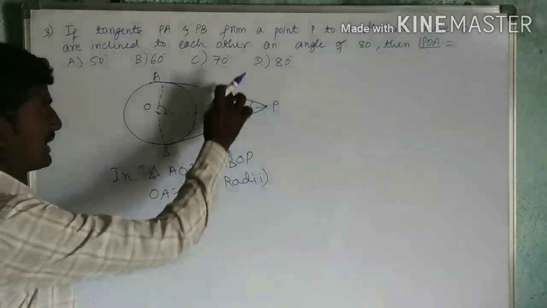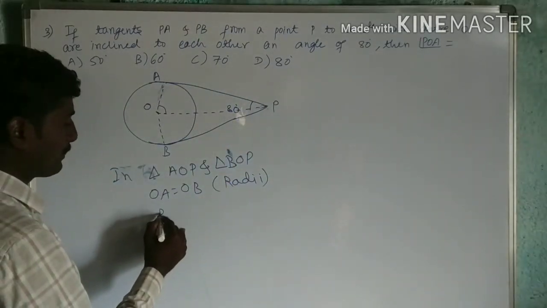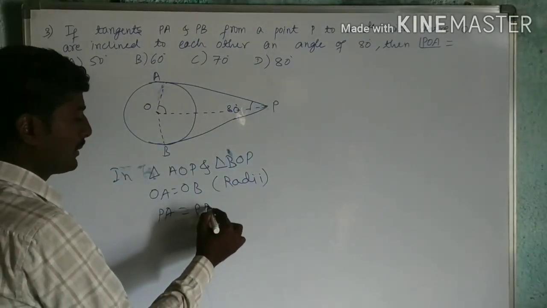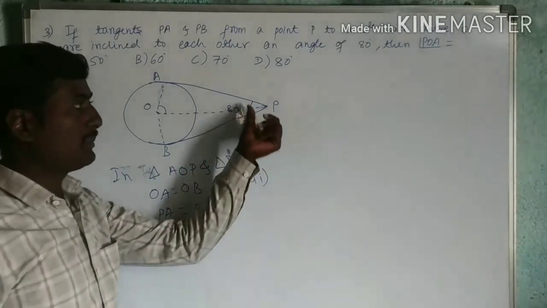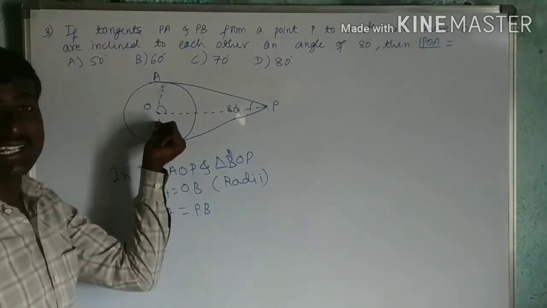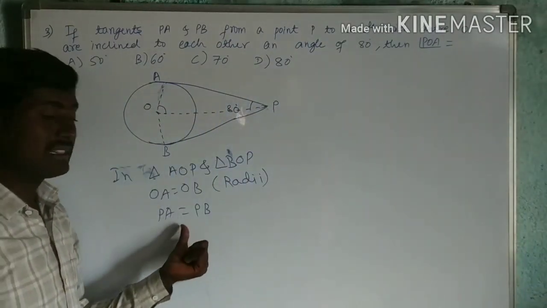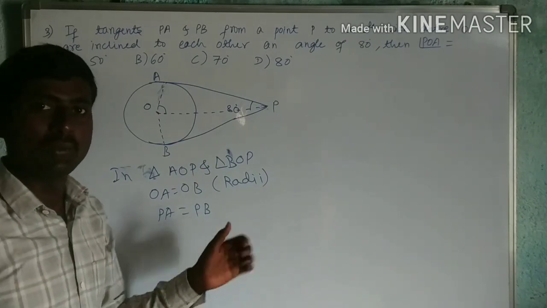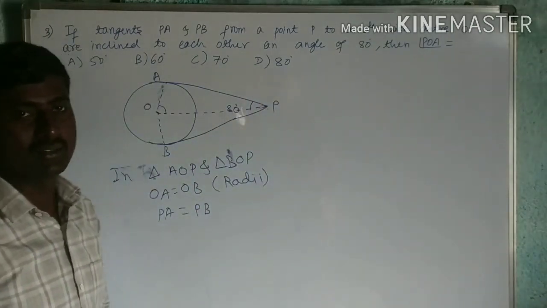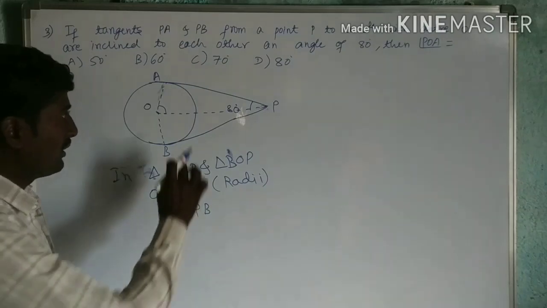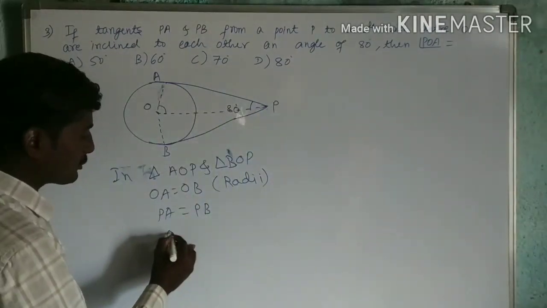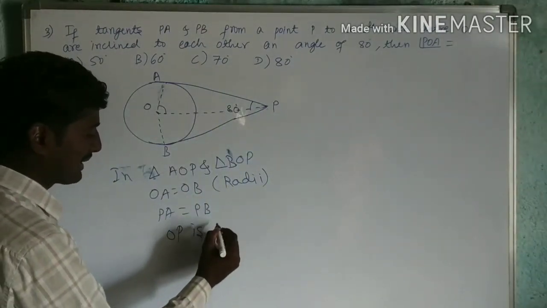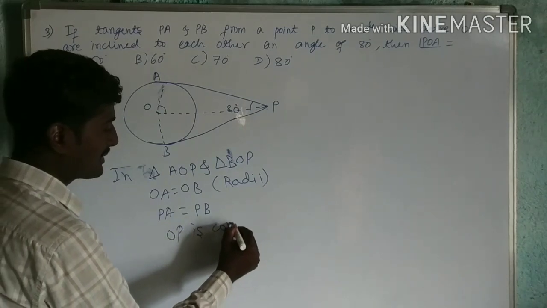Now AP is equal to PB. Can I write PA is equal to PB? Because PA and PB are the tangents to the circle with the center O. Then the lengths of tangents are equal. We already proved that. Second theorem it is. And also another side, that is OP, is common side for those two triangles. OP is common side.